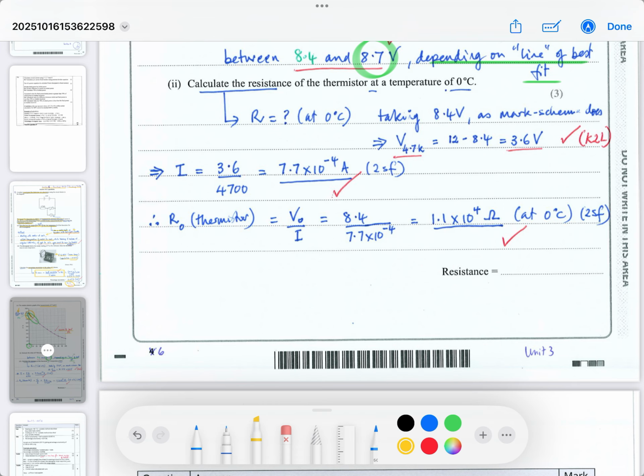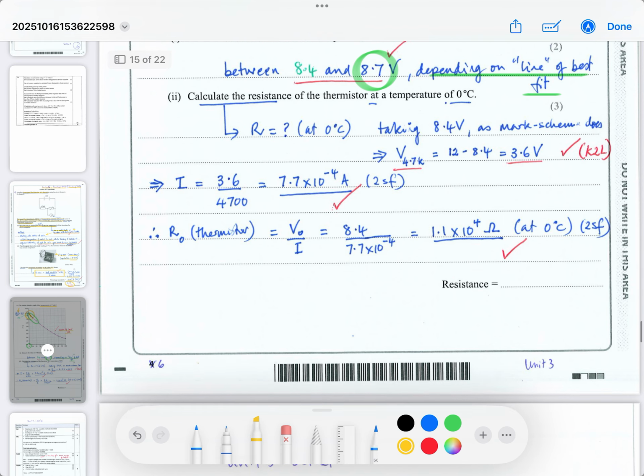Once we've done that part, it says calculate the resistance of the thermistor at 0 degrees centigrade. So what's the resistance at 0 degrees centigrade? Well, the examiner's taken the 8.4 volt value in the mark scheme.